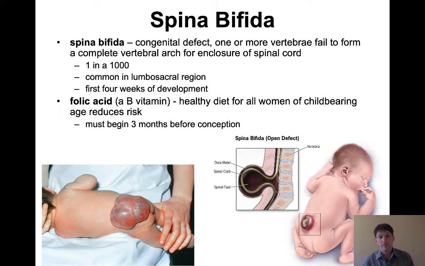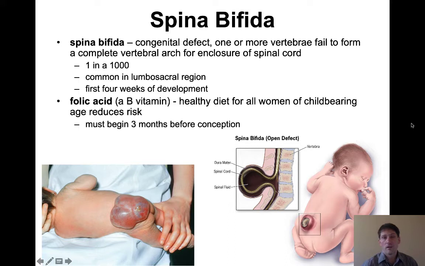Now, one way to prevent this from happening is to have a really healthy diet, but also you can supplement with folic acid. Because this tends to happen within the first 4 weeks of development, and a lot of times women don't know that they're pregnant for at least a couple weeks into development, you need to supplement your diet 3 months before conception.